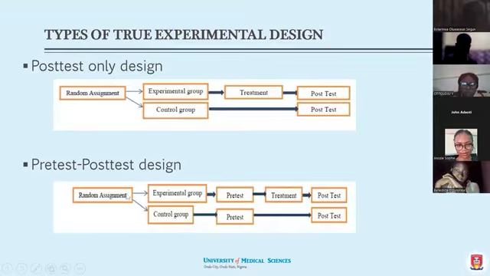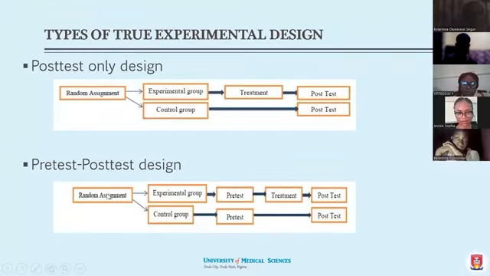Then the second type we'll talk about is the pre-test, post-test design. All the characteristics of true experimental design are also present here. But then data collection is at two different points.